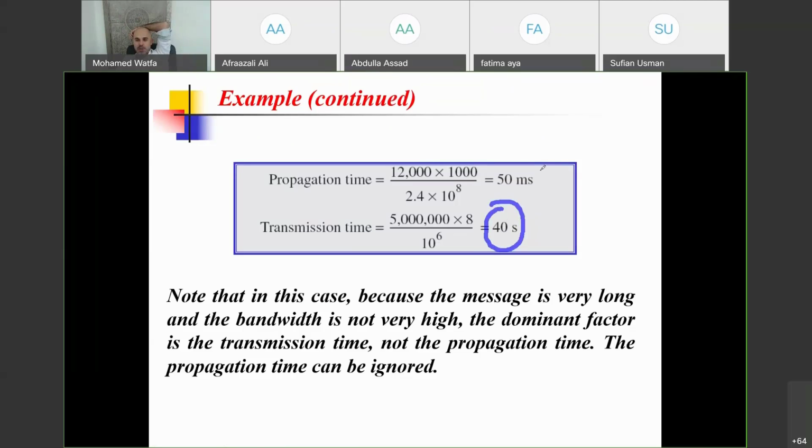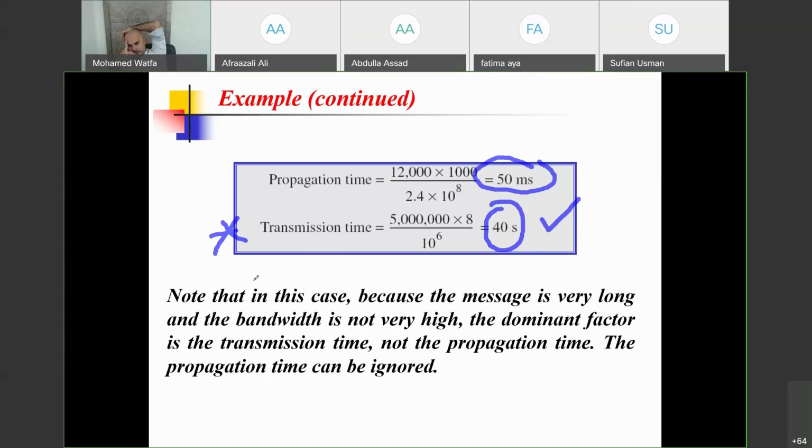It's 40 seconds. Which one is dominant now? Transmission. You see, 40 seconds. It depends on packet size and data rate versus distance and speed.